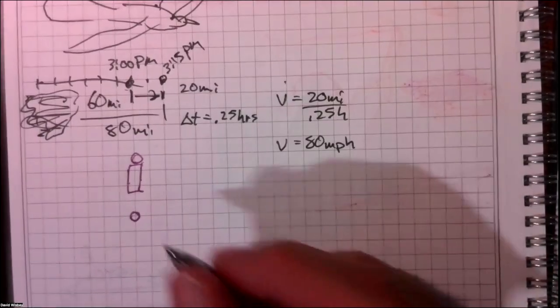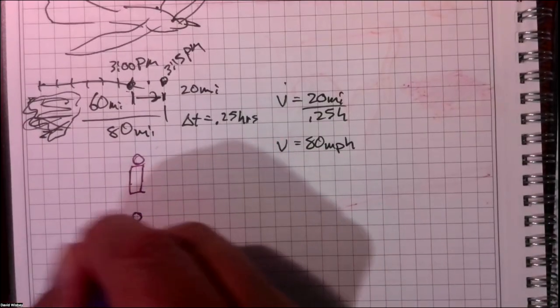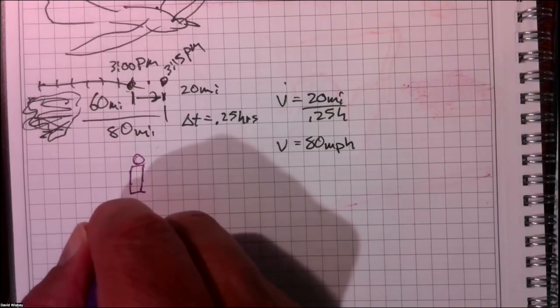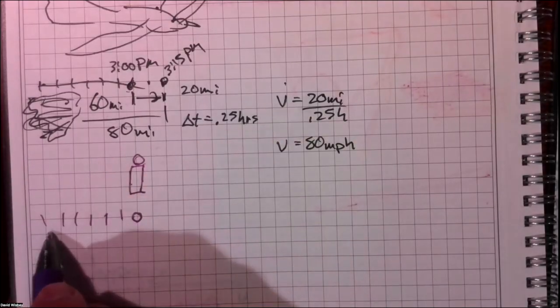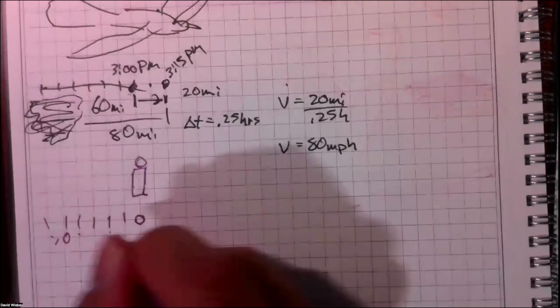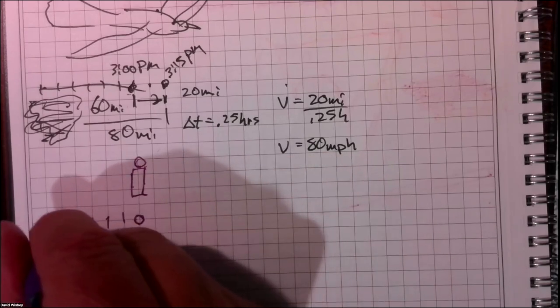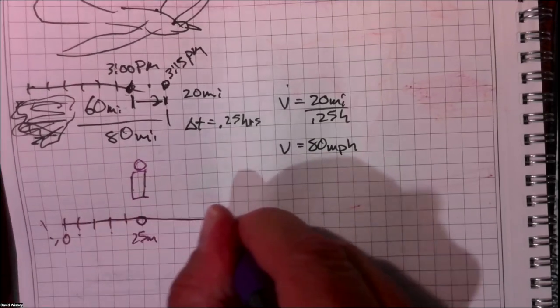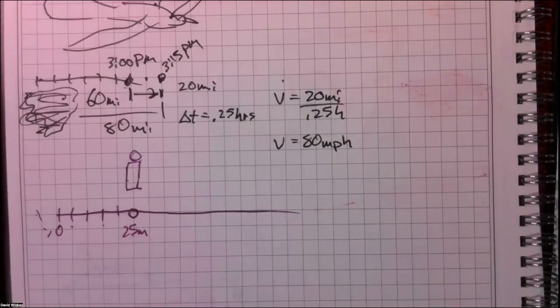Okay. He is at 25 meters. So let's say this is 20, 15, 10. Right here, this is x equals 0, and here's 25 meters. Here's our axis. I'm drawing my axis right here. Always draw a picture.